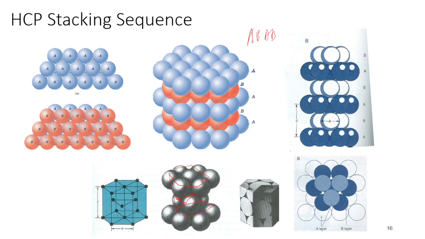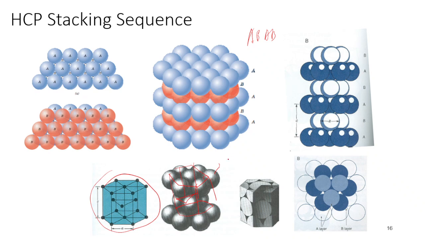This is a clearer picture over here, right? We have 6 top atoms, is it not? 6 top corner atoms. These are just corner atoms. They will be shared with 6 other unit cells.